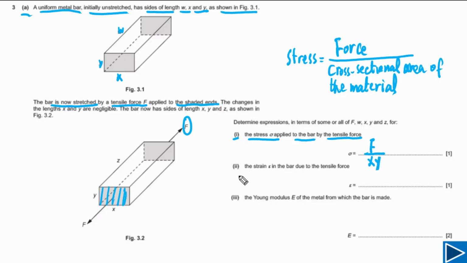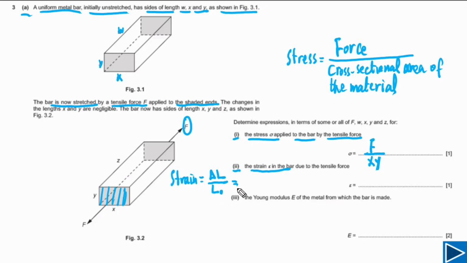Let's move on to the second part. For the second part, the question is asking us to calculate the strain in the bar. First let's understand what is strain. Strain is equal to the change in length, delta L, which can be extension or compression, divided by L, the original length.